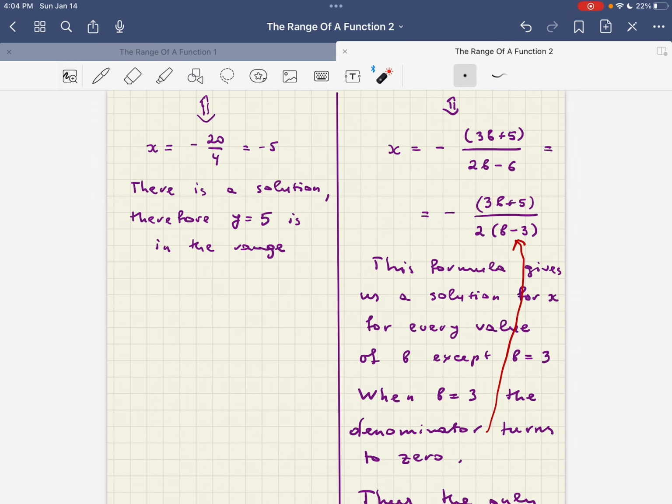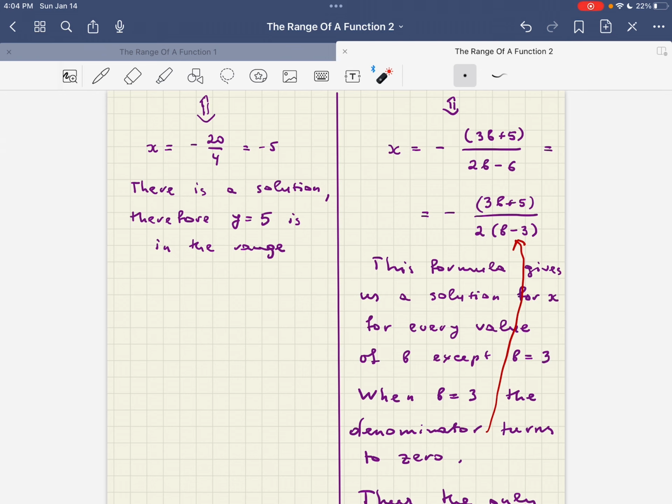Okay, so now let's think about what this tells us. If we wanted to know whether y equals b is in the range of this function, and what value of x is going to produce that y value equal to b, we only need to substitute that value of b into this formula. And we see here that if we are substituting a number that is not equal to 3 for b, then we get an x value.